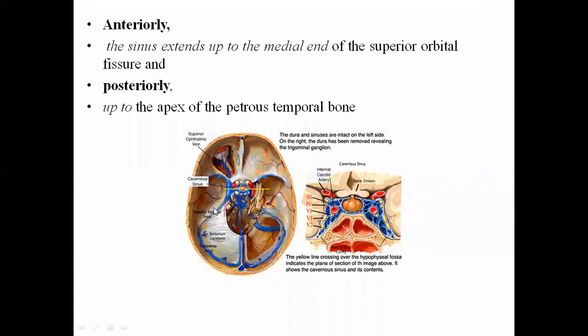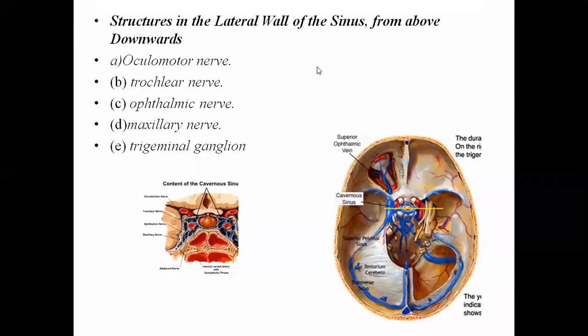This bone is called petrous part of temporal bone. Petrous part of temporal bone is a triangular shaped structure. The apex is located here, and in this area we have the cavernous sinus.